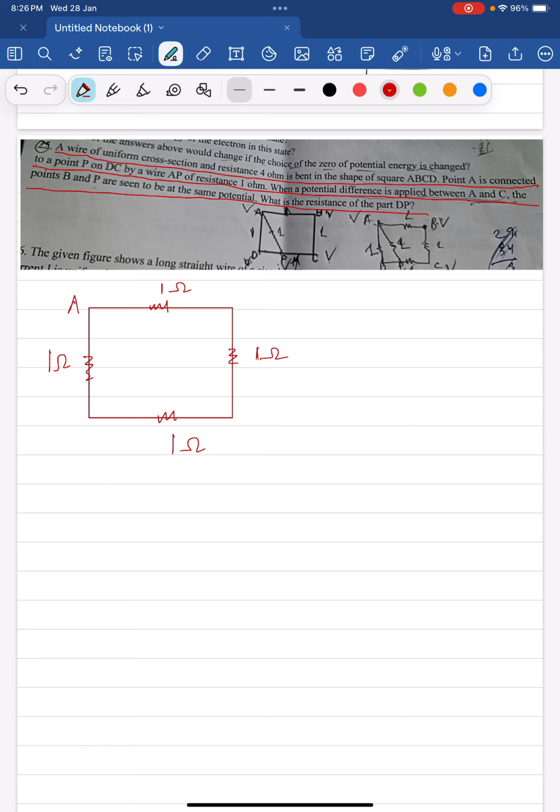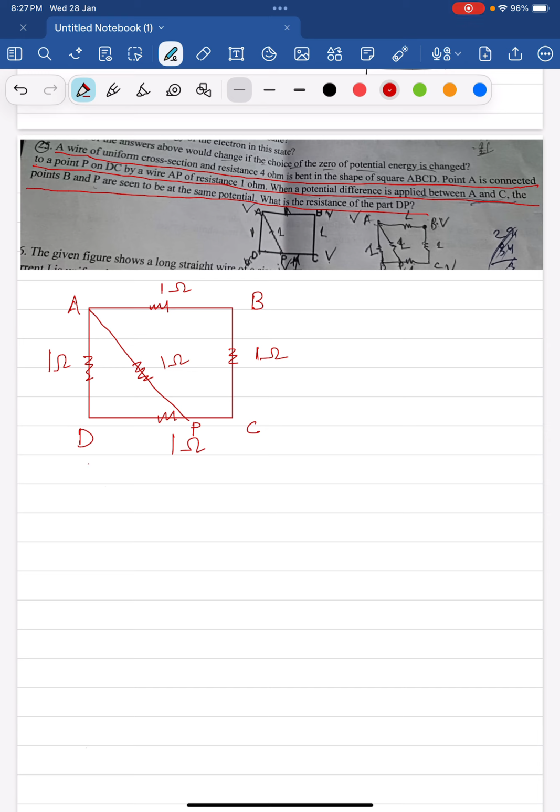This point is A, this point is B, this point is D, this point is C. Now a wire of resistance 1 ohm is connected from A to P. Resistance of this wire is 1 ohm.